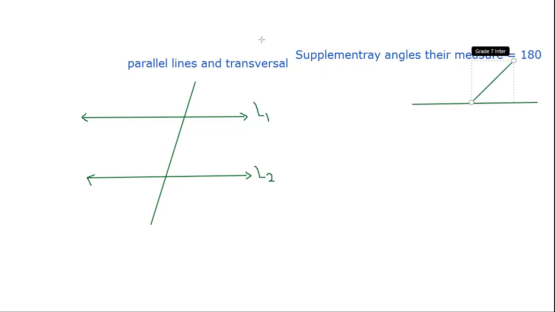The sum of the two angles together, when you add angle 1 and angle 2, those two angles equal 180 degrees. And we said that this one is supplementary.